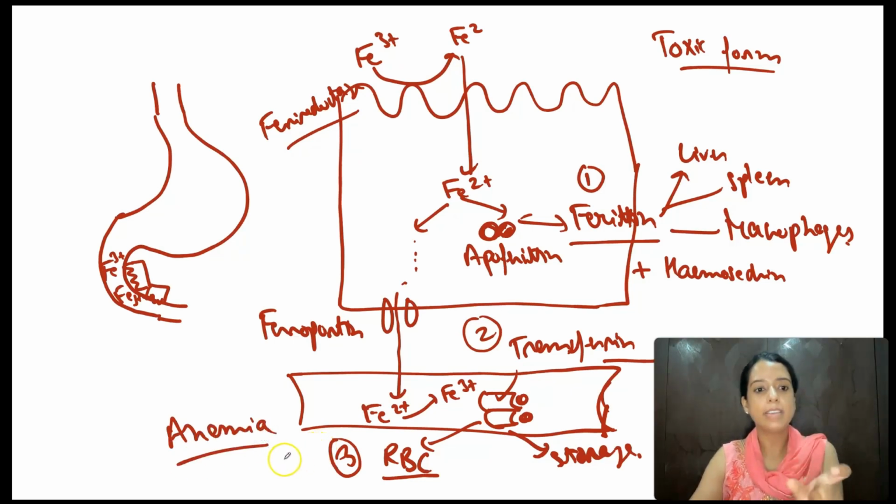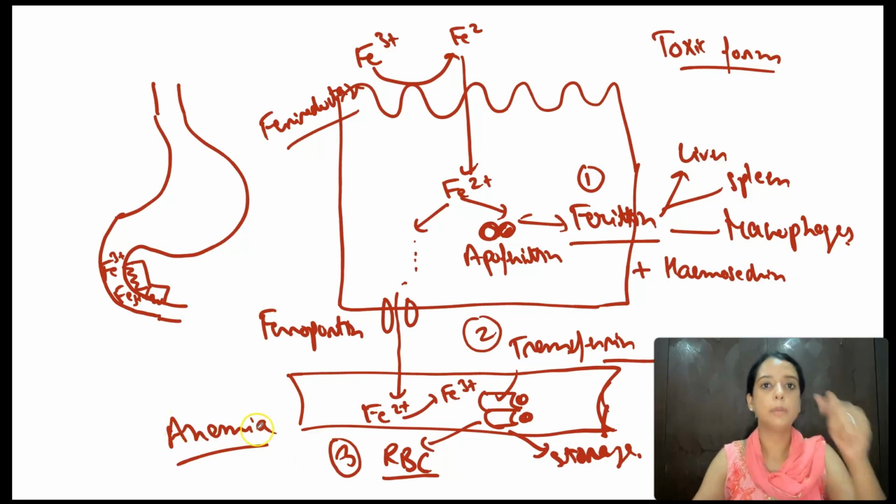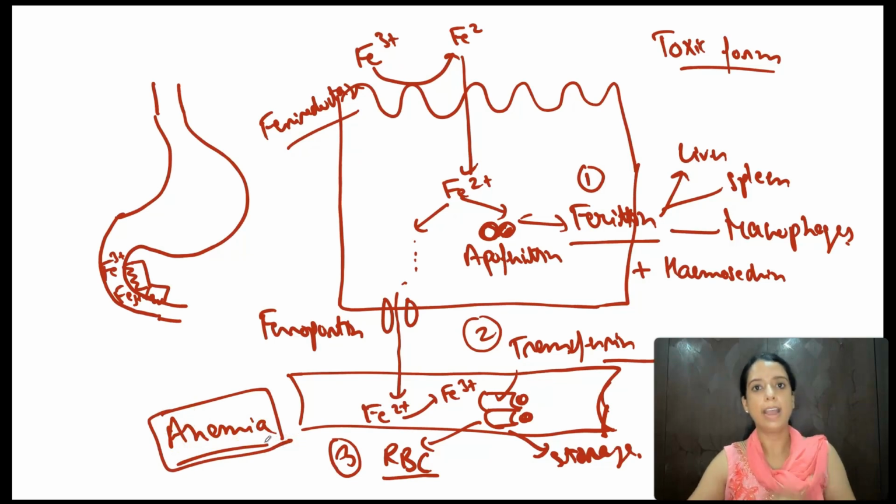So by the time I see the patient has anemia, I know that it is just the tip of the iceberg. जब patient मेरे पास anemia लेके आया है, I know that the patient does not have any storage iron, उसका storage iron empty हो चुका है, it does not have transport iron, and now I have what in front of myself, anemia. So this is how the absorption of iron happens.